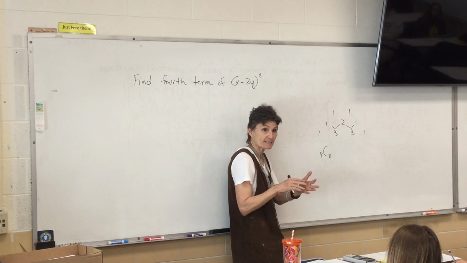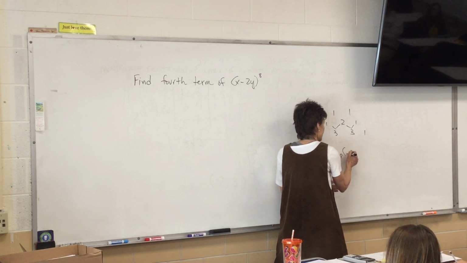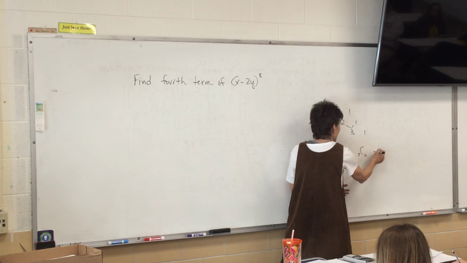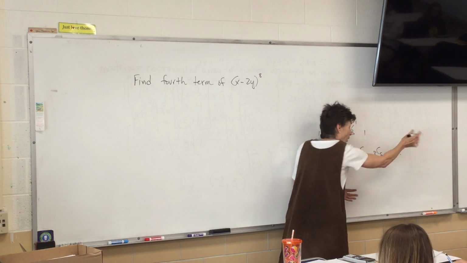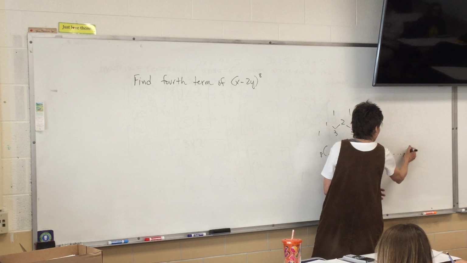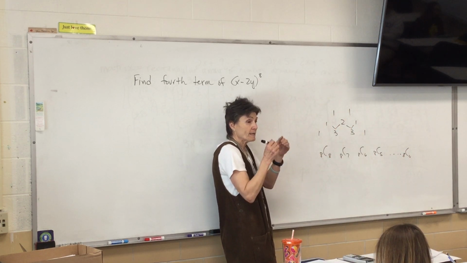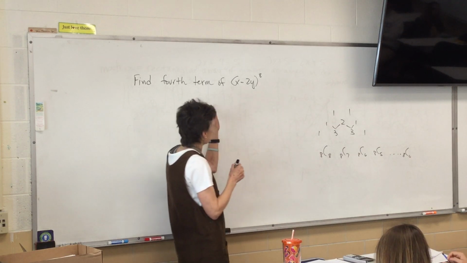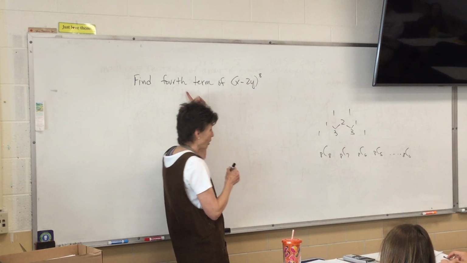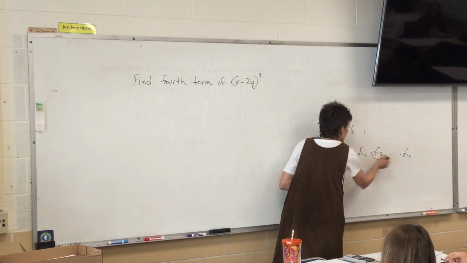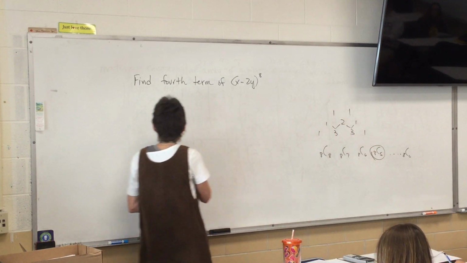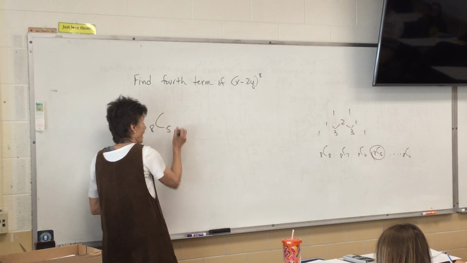And then 8C7, 8C6, 8C5, and so on, all the way down to 8C0. Now, the only one I want in this problem is the 4th one. So 1, 2, 3, 4. So my number is 8C5.